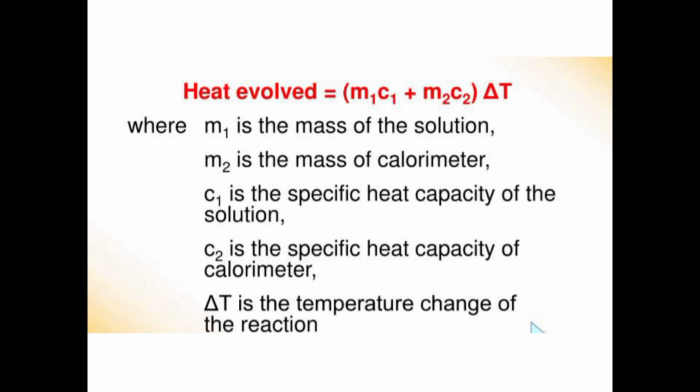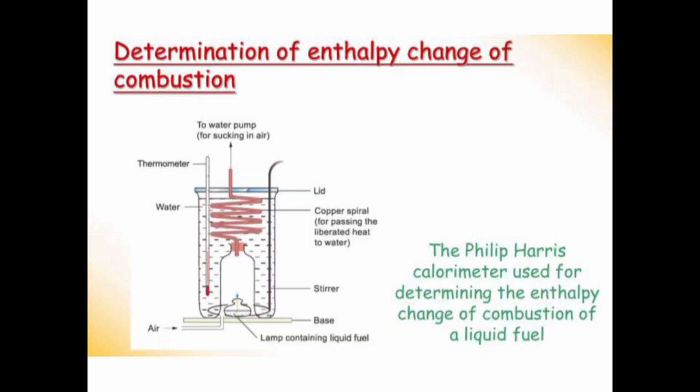So typically, the quantity of heat produced, Q, is equal to mcθ or mc change in θ, as the case may be. If it is the calorimeter and the solution, we are going to do it separately: m1c1, m2c2, times the change in temperature. But if it's a single one, which we usually use in calculations, we can have mcθ. That means there is a change in temperature in the process.